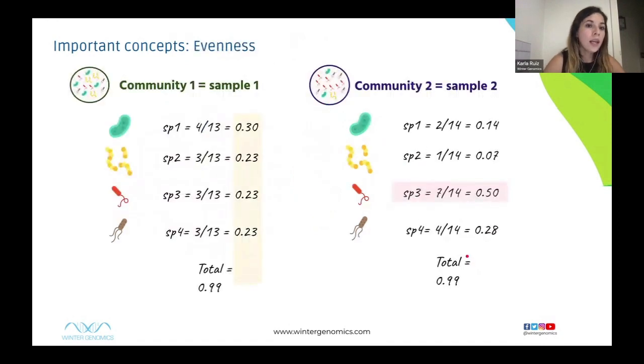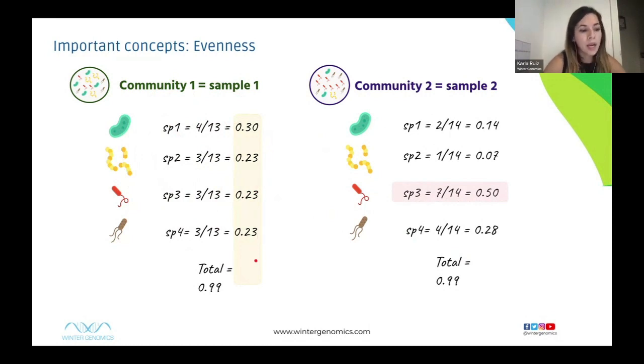So now let's talk about evenness. The evenness or equitability of a community implies equality in the number of individuals of each species. We can detect this with the relative abundance that we previously calculated for each species in the community. If the proportions are similar, as shown here in community number 1, it means there is evenness in the community.